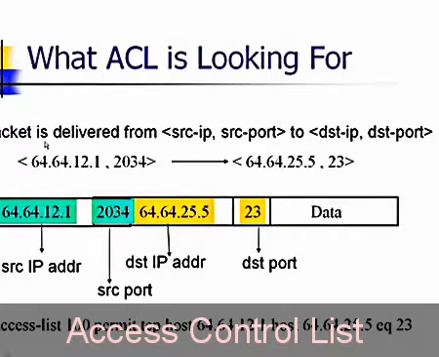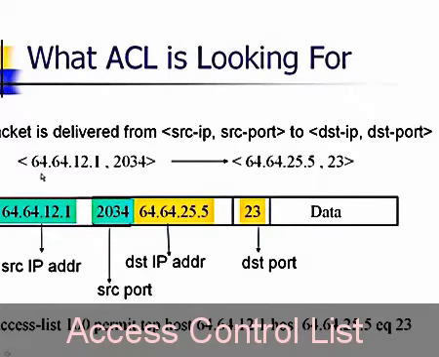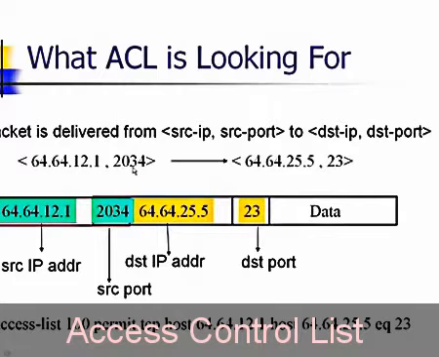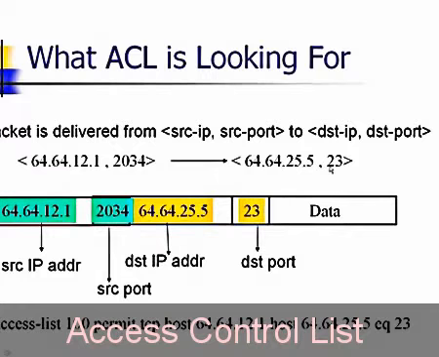A data packet is delivered from a source IP with a source port number to a destination IP with a destination port number. In this example, I have the source IP as 64.64.12.1 originated on port number 2034, and the destination is 64.64.25.5 on port 23, so it's a telnet port.